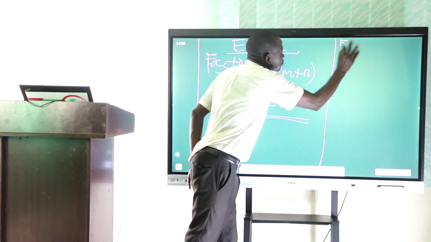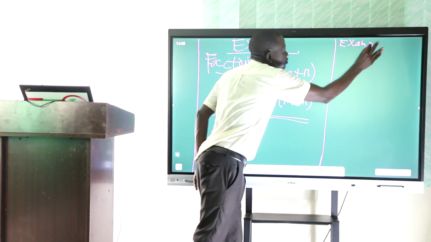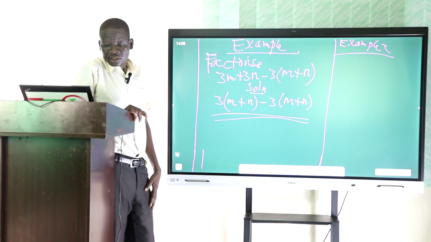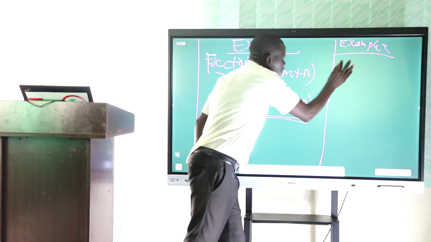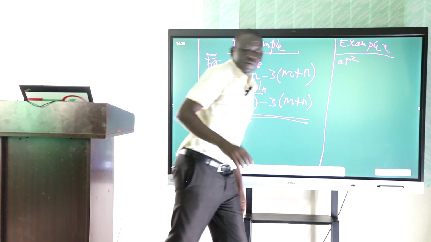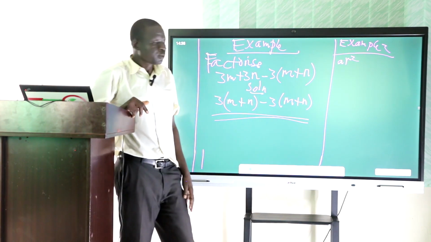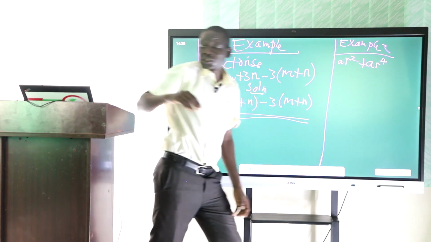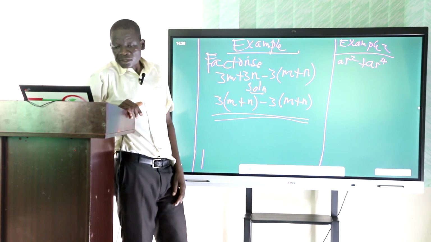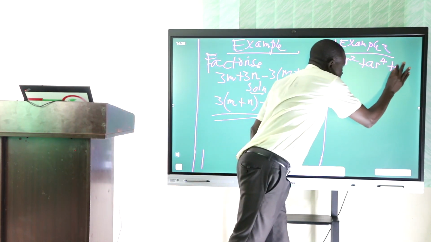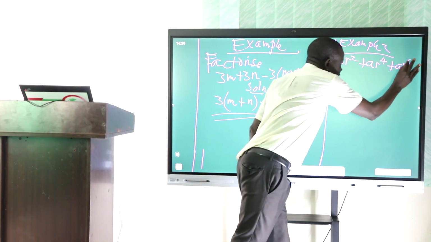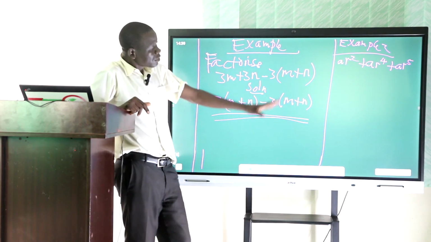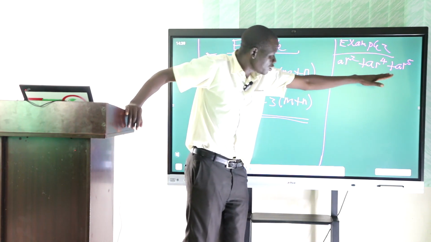Then we also have another example. Example 2. We can have AR squared plus AR to power 4 plus AR to power 5. We want to factorize this also. To factorize this, you look at common factors.